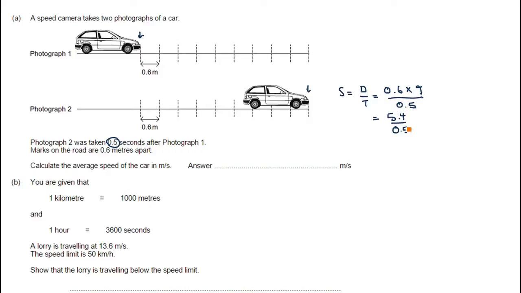What I want is a unit rate, in other words per second, not per half a second, so I'm just going to double this part of the ratio, or the rate if you like, to 1. So if I've doubled the denominator, same to the numerator, so that's going to be 5.4 times 2, 10.8.